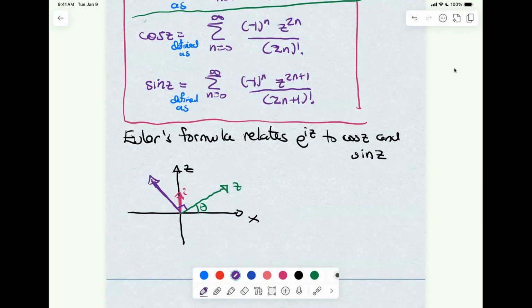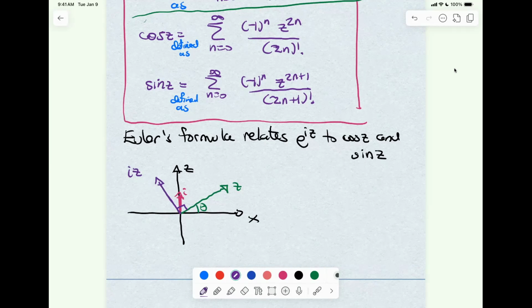I'm drawing it in a way that it looks perpendicular. It literally will be perpendicular to the green one. The i times z is a 90-degree rotation of the complex number z. So this is an accurate picture, a rotated version.